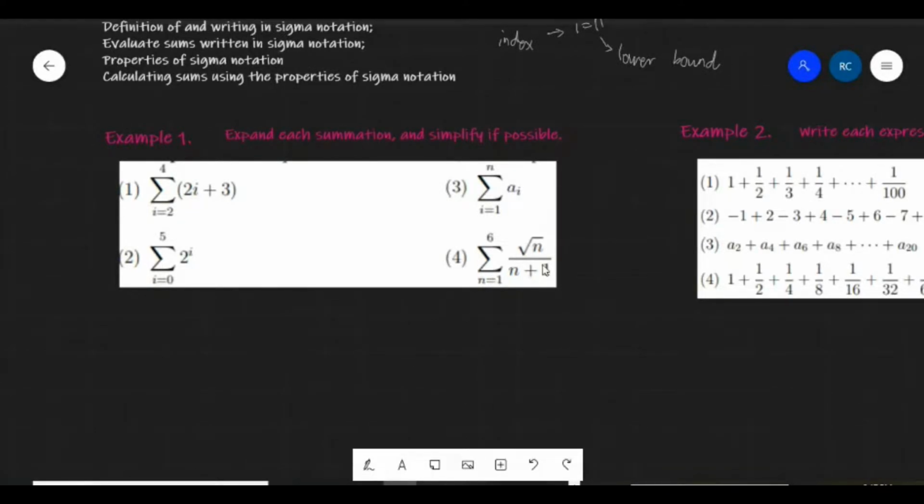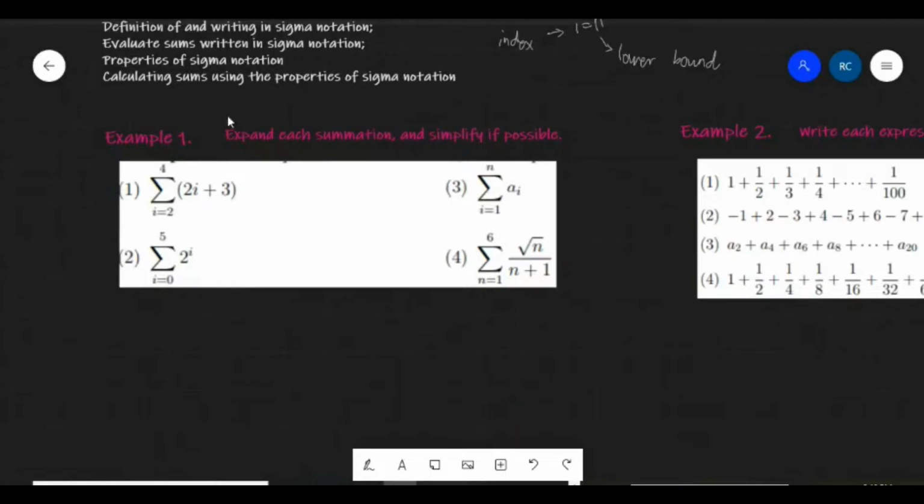Summation of square root of n over n plus 1 from n is equal to 1 to 6. Okay, very good. So, yung index dito, it can be I, N, K, or any letter. Pwede po yun. Okay? So, yung I po, yung index lang po yung nababago.